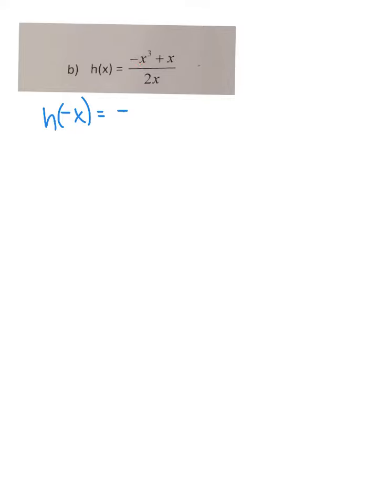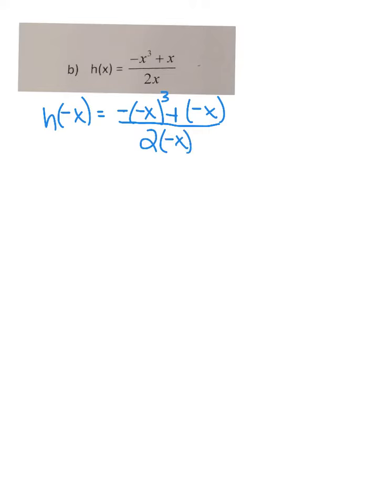So you just want to be a little careful with that. So I'm going to go like this, and I'm going to cube it. I see plus x, so I am going to write plus and then negative x, which kind of seems weird to write, but we'll fix it in the next step. And then in the denominator, I have 2 and a negative x.